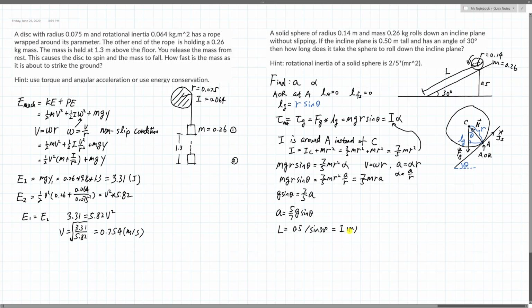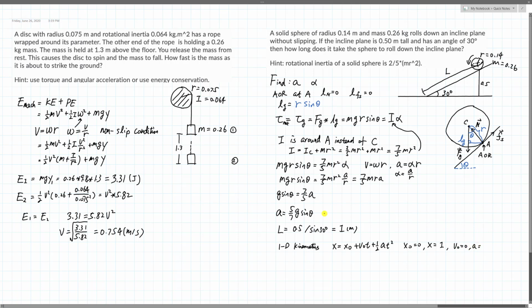So we can use the 1D kinematics formula: x equals x0 plus v0 t plus 1/2 a t squared. Assuming x0 is 0 and x is 1, we end up all the way down the inclined plane, and v0 is 0, starting from rest. And we know the acceleration.